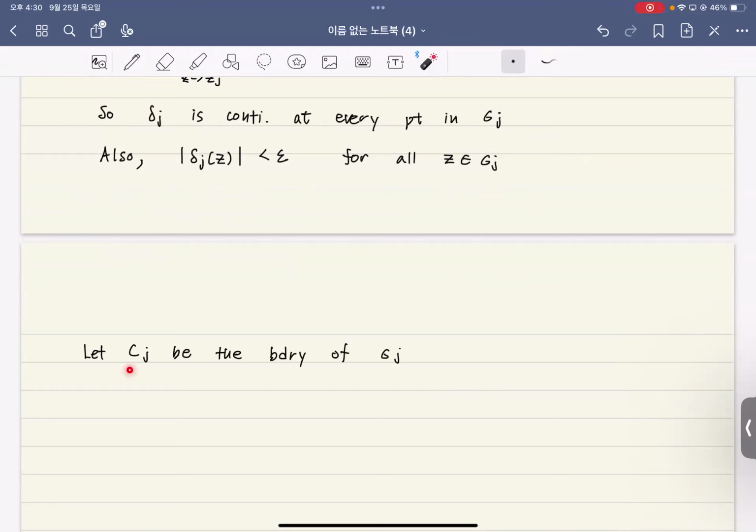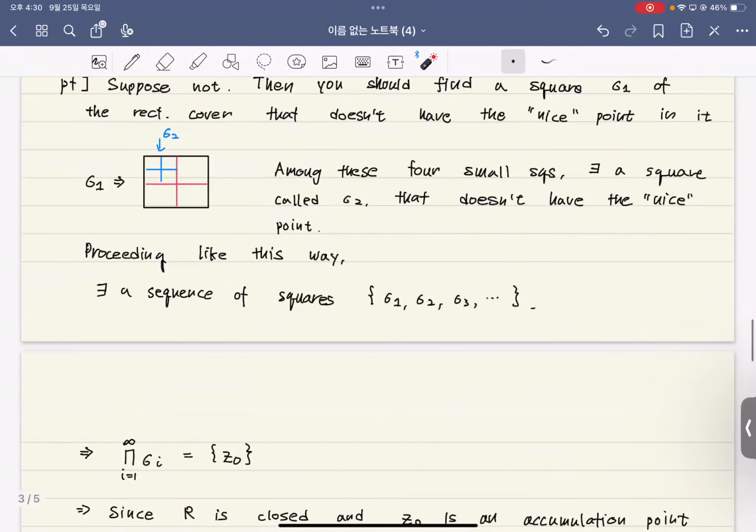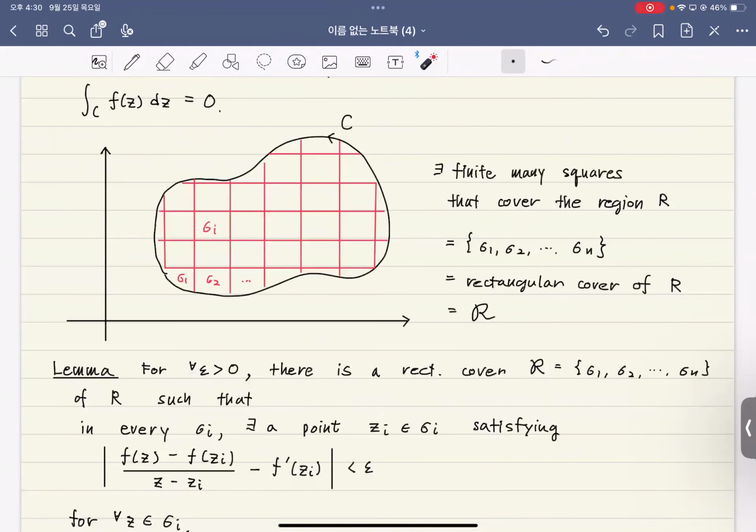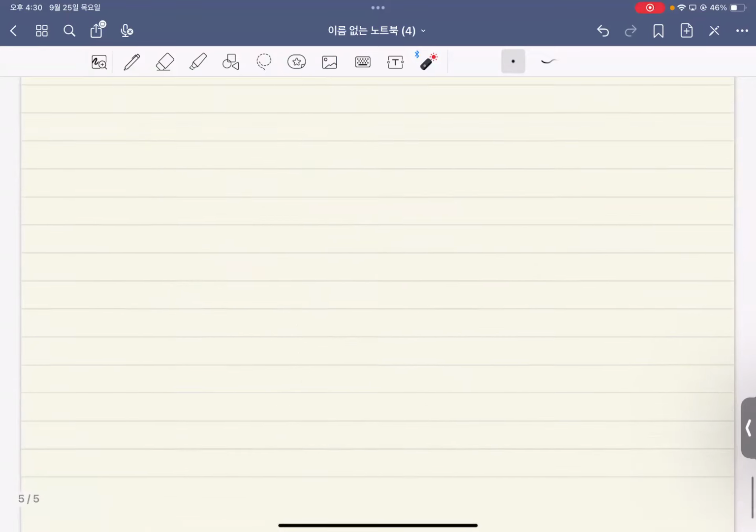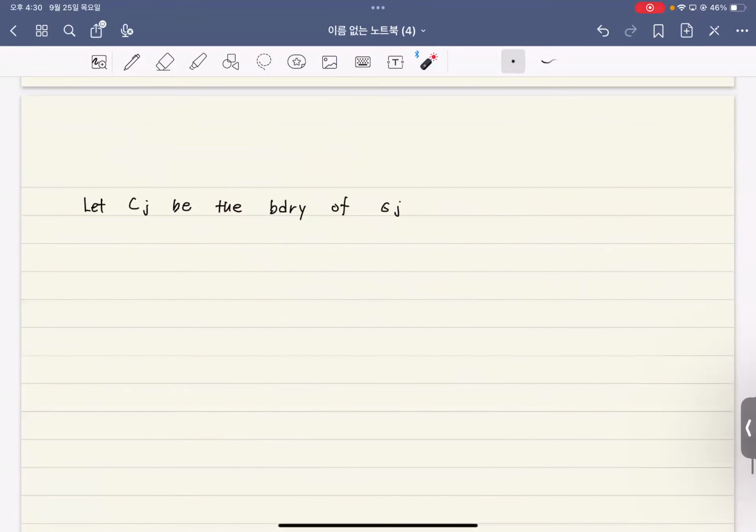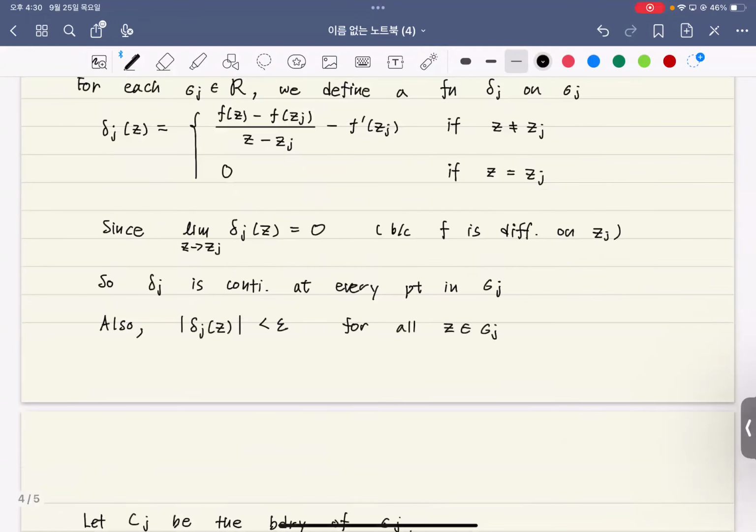Now I'm going to say that Cj is the boundary of delta j. So if this is your square, the positively oriented boundary of this square is your Cj. On this boundary curve Cj, I'm going to do a little algebraic trick.